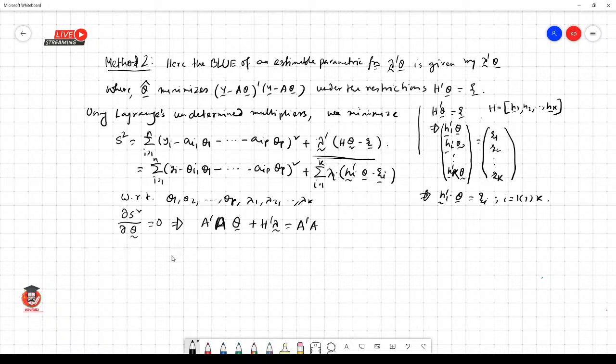Please check this thing. And ∂S²/∂λ equal to 0 means this portion gives H'θ = ξ. Okay, please check this.